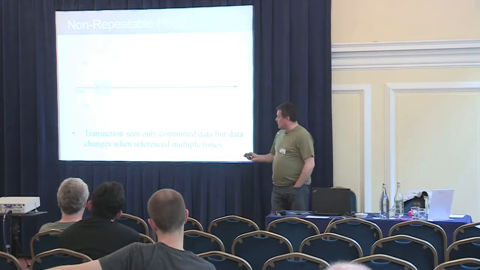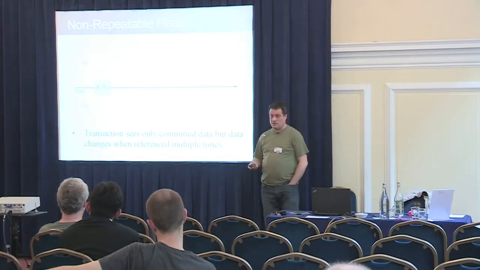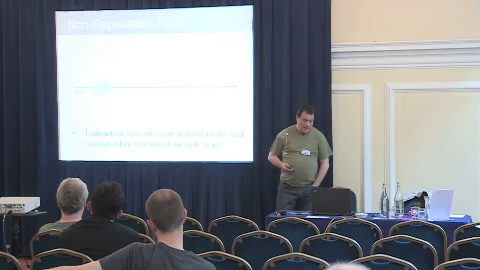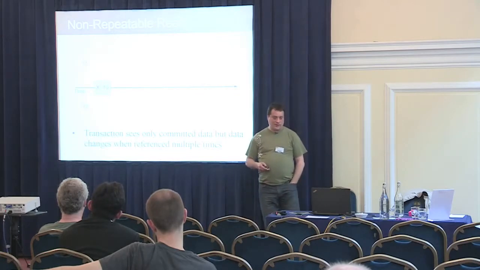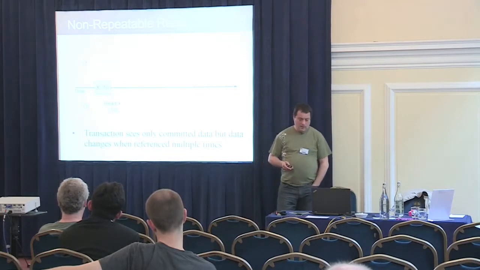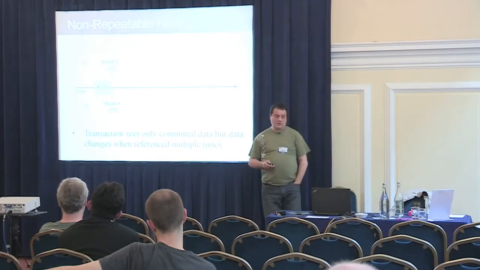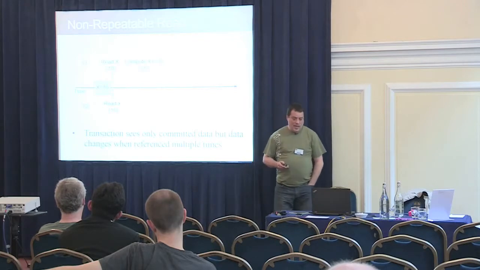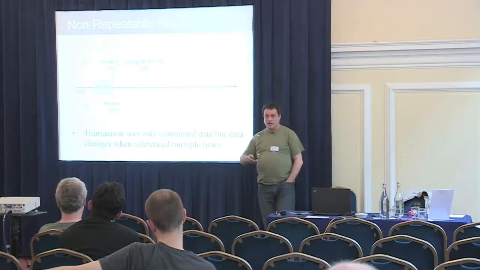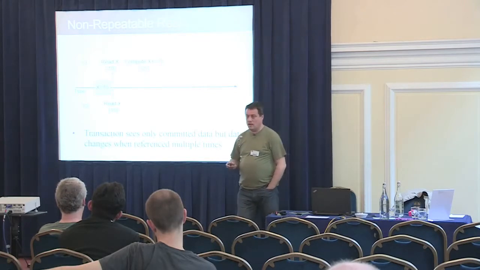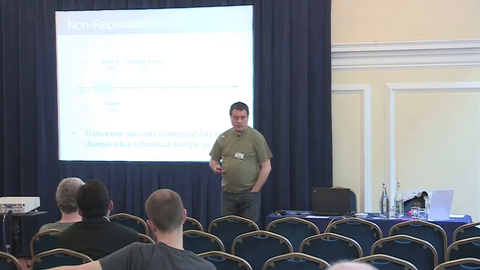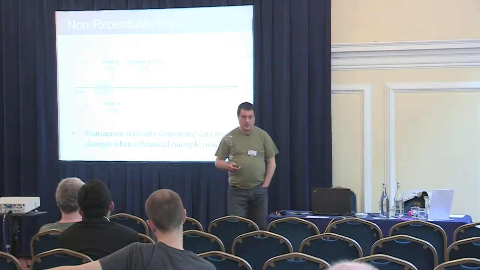Non-repeatable read. We still have the same initial state, two transactions, timeline, and object x that equals 10. Now transaction 2 reads it, and transaction 1 reads it, and both of them might even put some shared locks on this object while they are reading it.